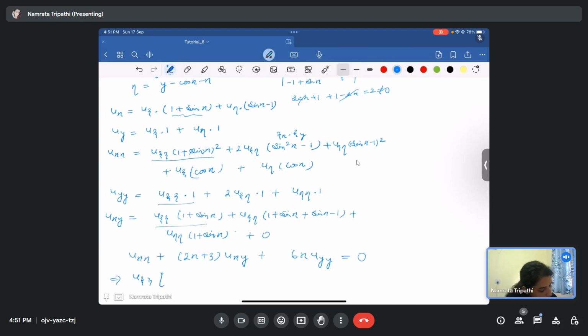From here 1 plus sin x whole square. Sorry, this is not the equation, I'm writing the expression is sin square x.